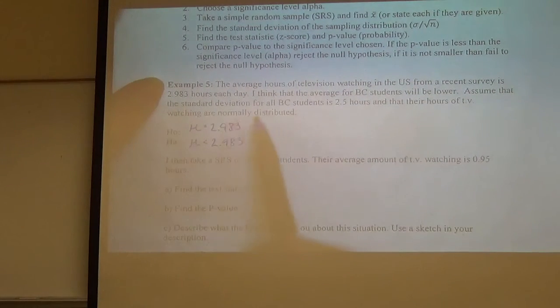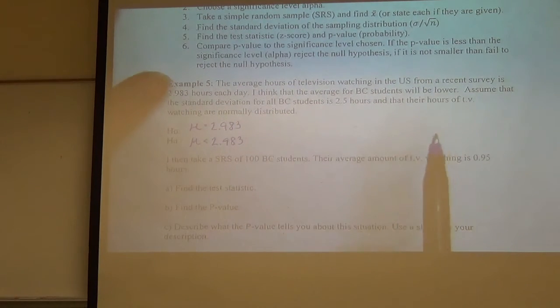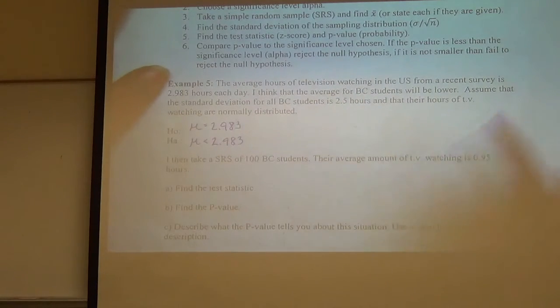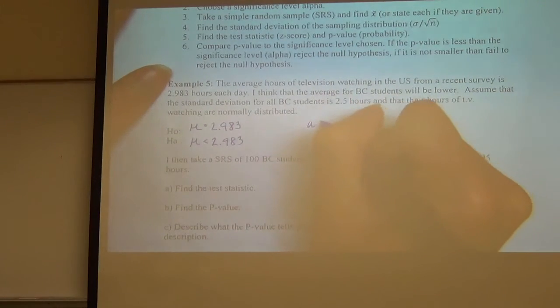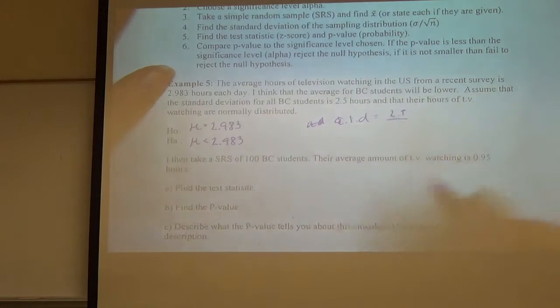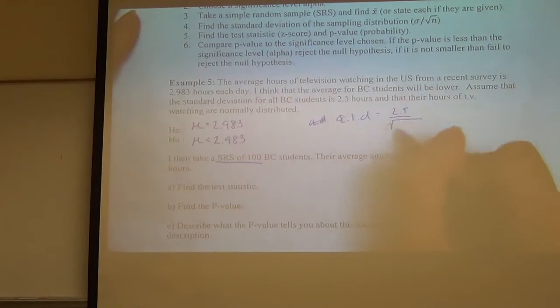Assume that the standard deviation for all BC students is 2.5 hours and that their hours of TV watching are normally distributed. On this, we still need to adjust the standard deviation because we're using it as a predictor, so our adjusted standard deviation is going to be 2.5 over, and down here we see our simple random sample is 100, so 2.5 over the square root of 100.